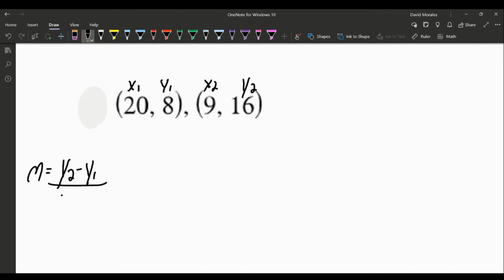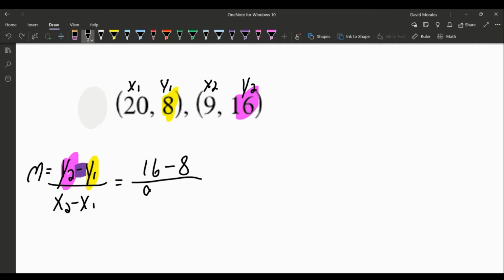Right? y2 minus y1, x2 minus x1. So y2 minus y1 is, my y2 is 16. So 16 minus, right, y1, that's 8.